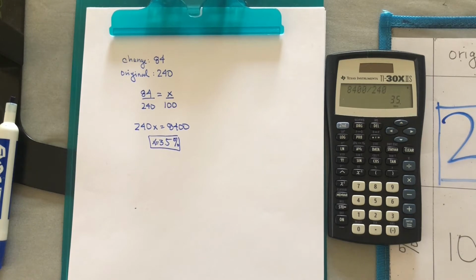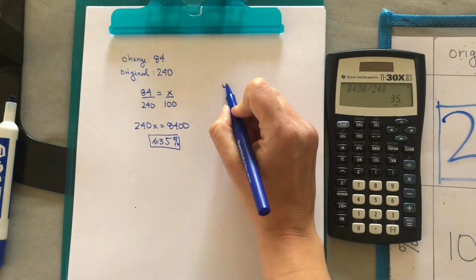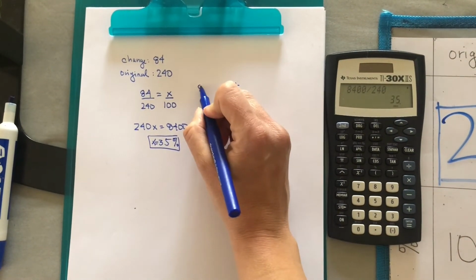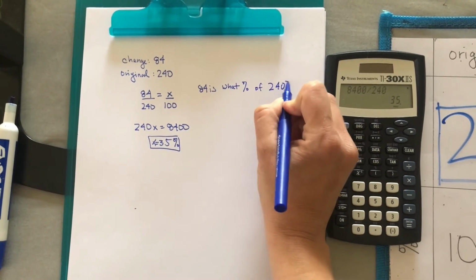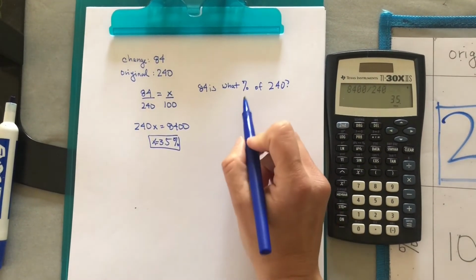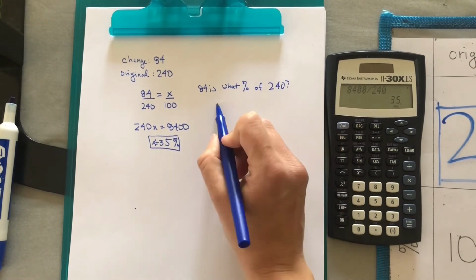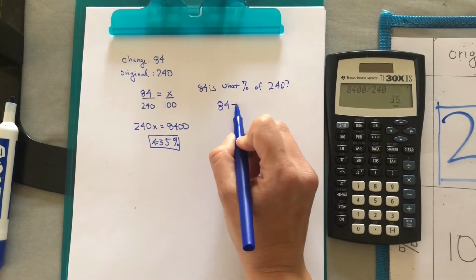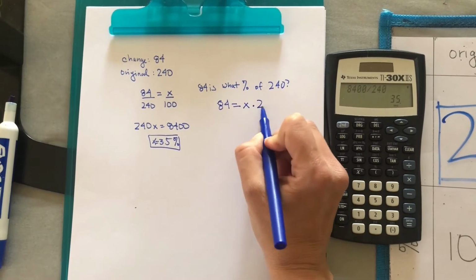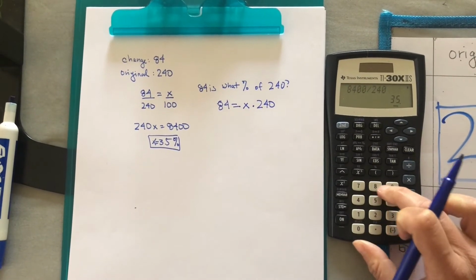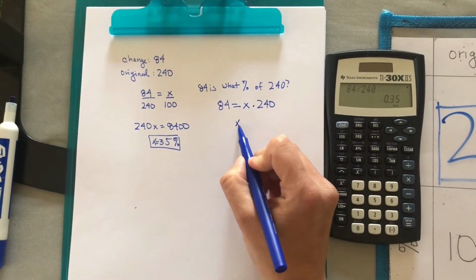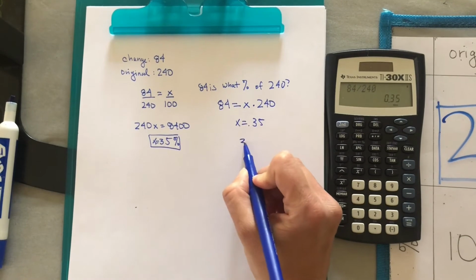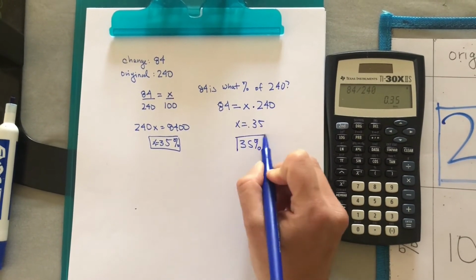If you prefer the percent equation, you may have written 84 is what percent of 240, because that's what we're looking for, is what percent 84 is out of 240. 84 is some percent of 240. And when I solve for x, I would get 0.35, which is 35%.